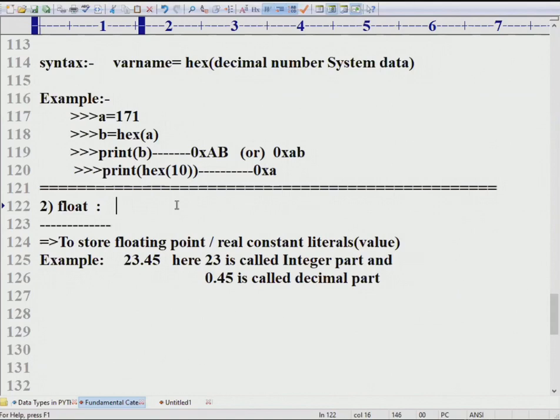One category, one data type only. Int can store any amount of data, which suits long int. And float will take any big floating point value or real constant value.